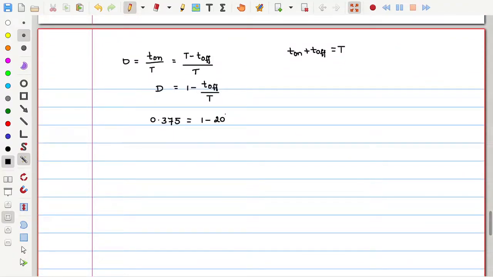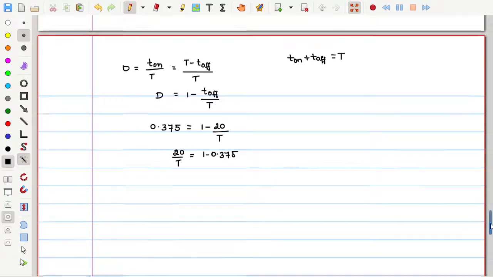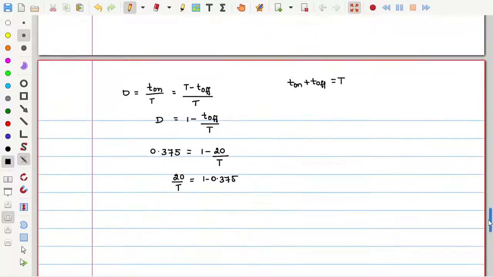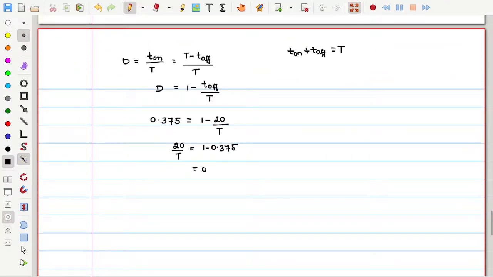So 20 divided by capital T is equal to 1 minus D, which is 1 minus 0.375, that is 0.625. So this is 20 by T.